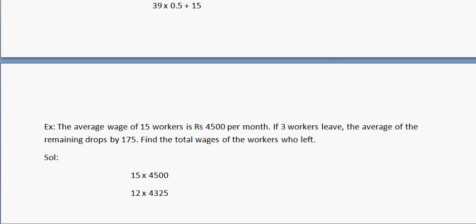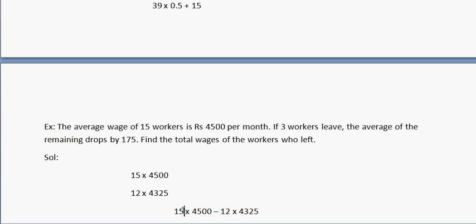Now we have to find the total wages of the workers who left out. This is the wages of 15 workers, this is the wages of 12 workers who are left. So the difference of these two would be the wages of all the 3 workers who left, which is 15 into 4500 minus 12 into 4325.